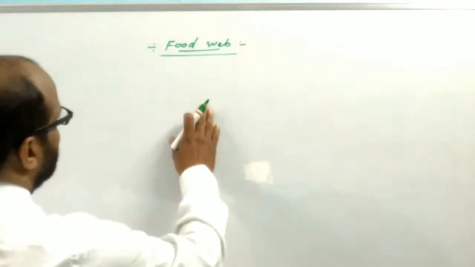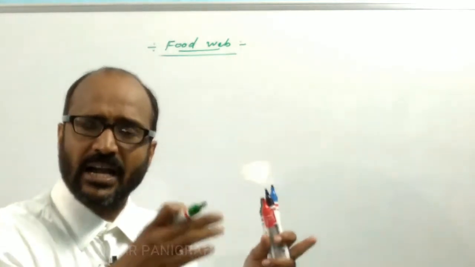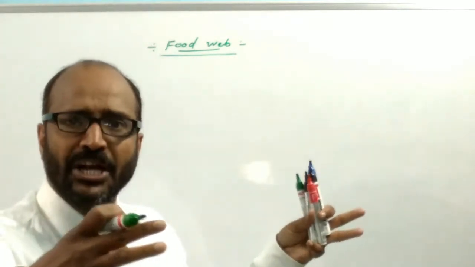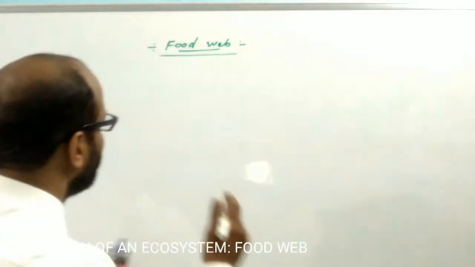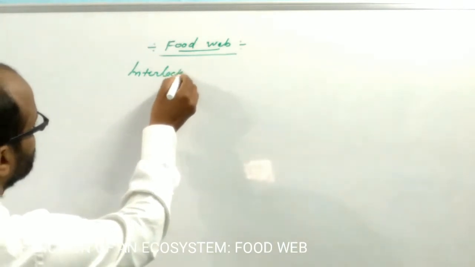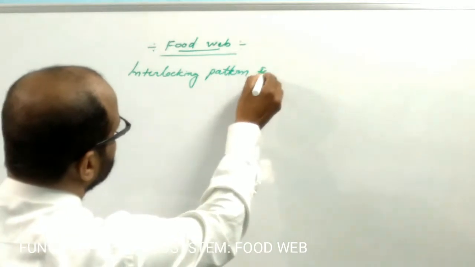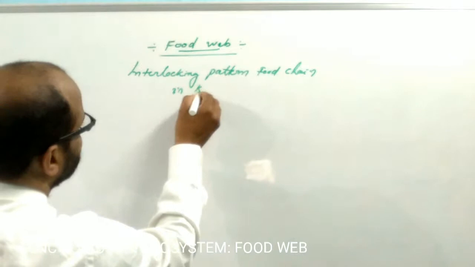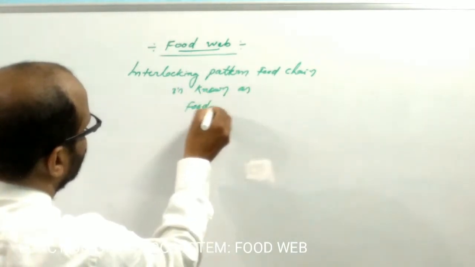But a linear sequence of food chain is hardly possible in the ecosystem. Different food chains are interlinked to each other in such a way that they form an interlocking pattern of food chains, which is known as the food web.